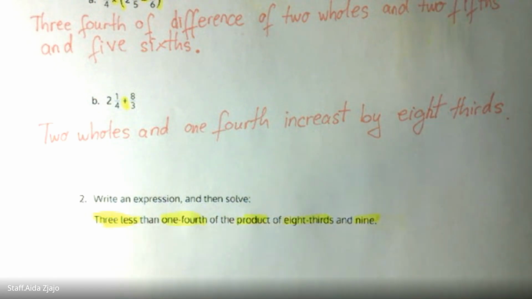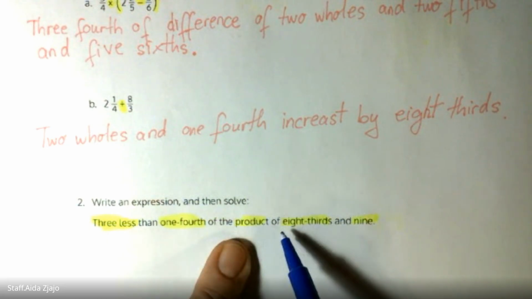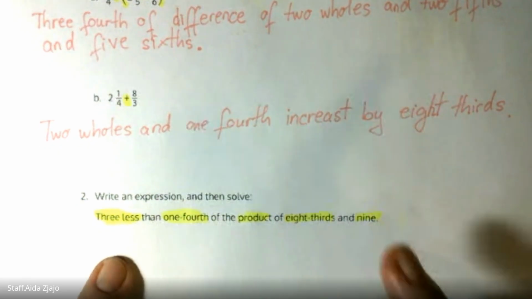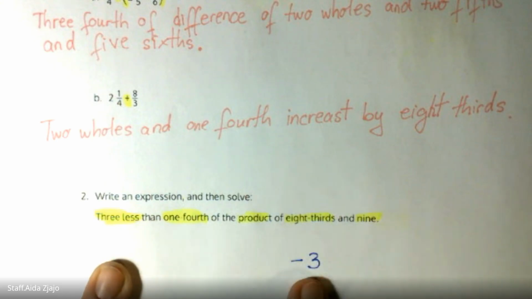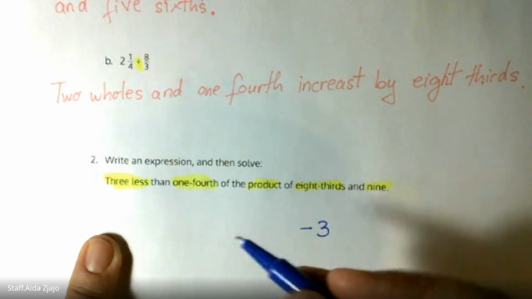So it looks like 3 less than 1/4 of the product of 8/3 and 9. So I will start with this. 3 less than, product of.